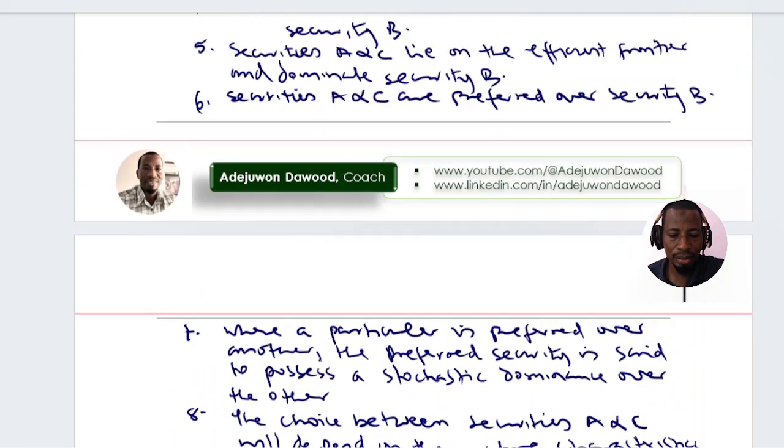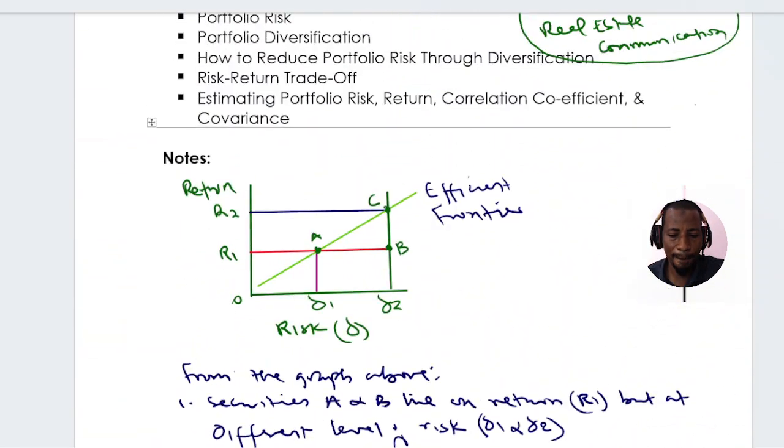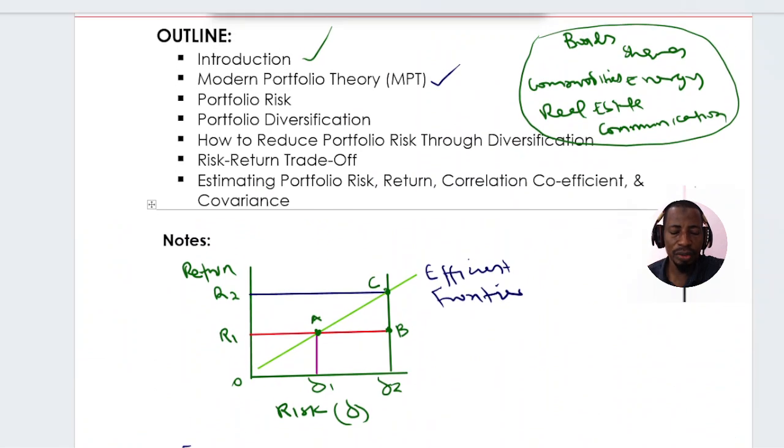The next item we want to talk about today is portfolio diversification. Portfolio diversification is a risk management strategy designed principally to reduce the risk of a portfolio.